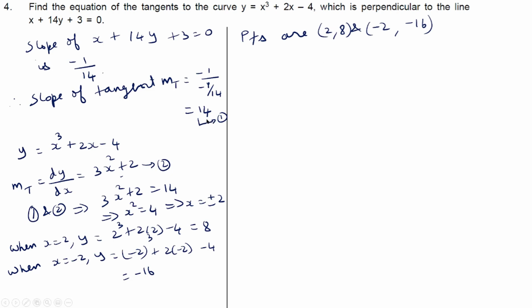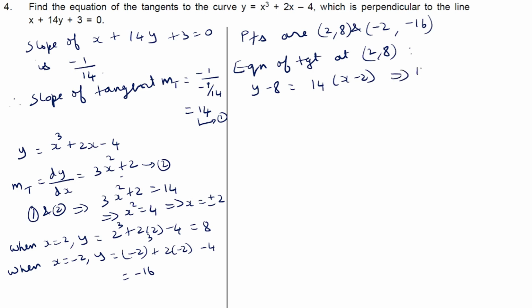So using this we can find the equation of tangents. So equation of tangent at 2, 8 is y minus 8 is equal to 14 into x minus 2, or from this we have 14x minus y minus 20 equal to 0.